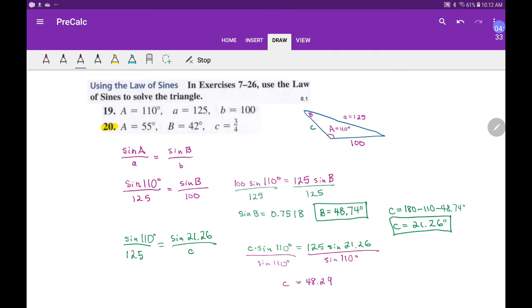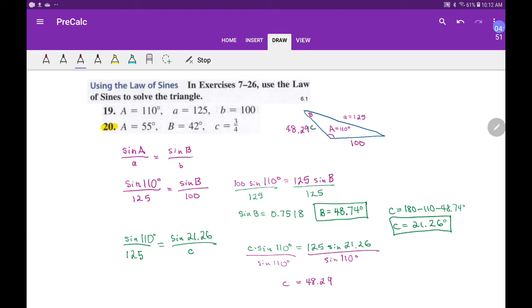And we say, boy, that sounds like a big number. Are you sure about that? Does this make sense on this triangle? 48.29, and B is 100, and I didn't draw it very well. I admit that.